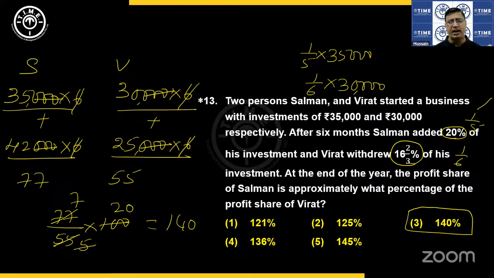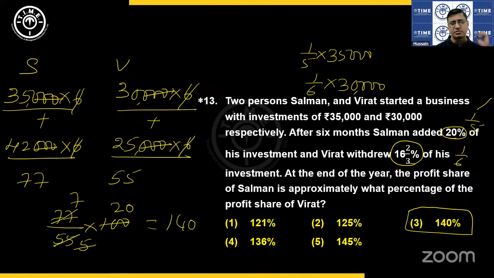Investments of Salman and Virat are initially 35,000 and 30,000 respectively. After 6 months, what happened? Salman added 20%. 20% is 1/5 of the value. And Virat withdrew 16 2/3%, means 1/6 of the value. So first they invested for 6 months. Next 6 months, what happened? Salman added something. How much? 1/5 of the initial investment.